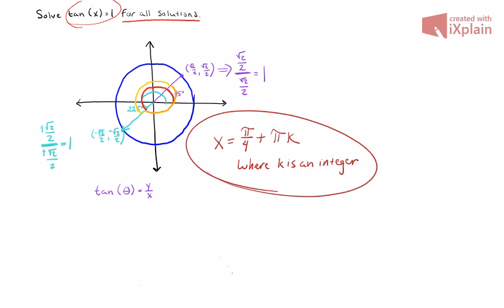Then another 180, then another 180, and so on. Every time I add 180 degrees, I'm hitting that terminal side whose tangent would give me a value of 1 as an output.